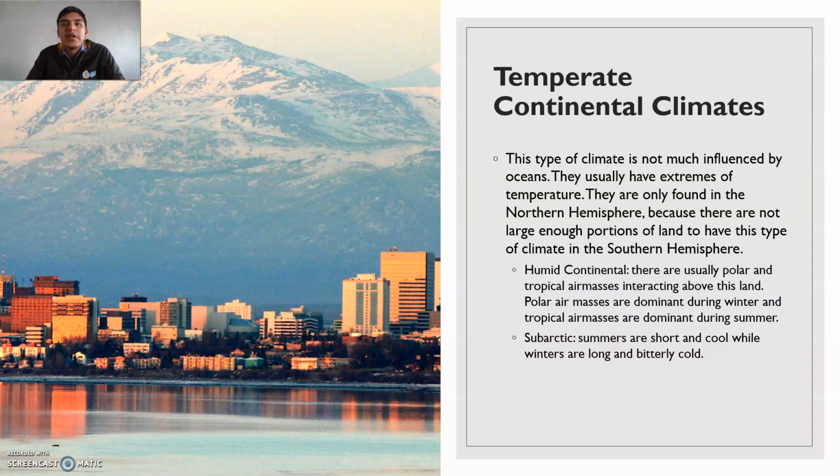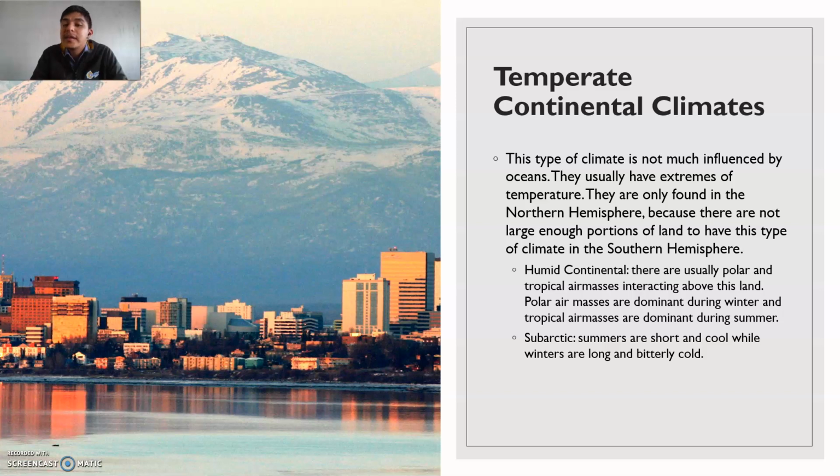When we analyze the southernmost regions of our planet, we notice that they are not large enough. That's why this type of climate is only found in the northern hemisphere of our planet. And it is divided into humid continental.